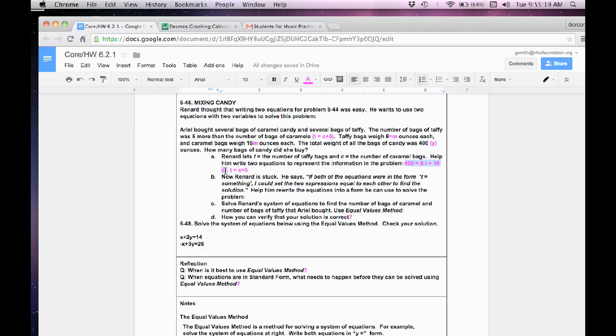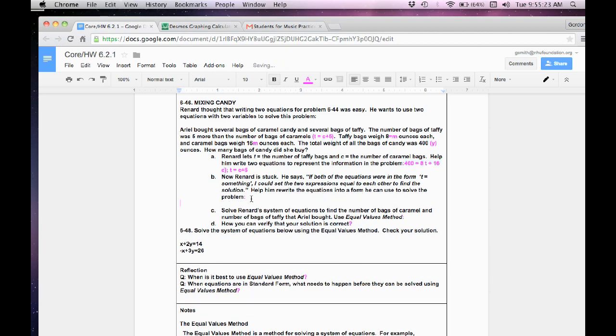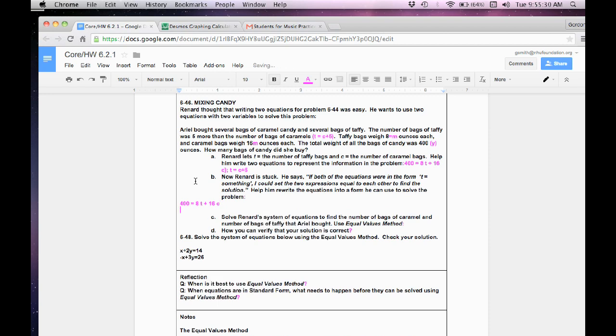So we'll start with this. We need to get T alone. The first thing we'll do is subtract 16C on both sides. And that will get us 8T is equal to negative 16C plus 400.